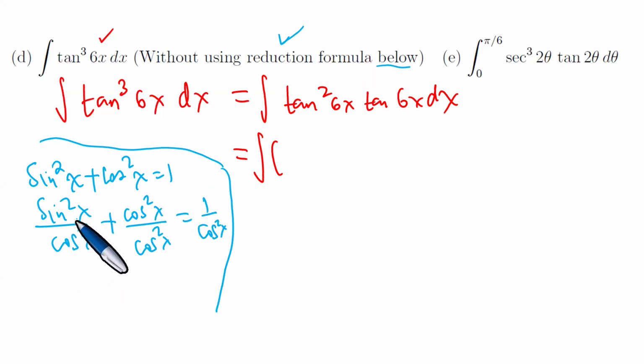Okay, right, so when you have sine squared over cosine squared, it is the tangent squared. The cosine squared over the cosine squared is 1, which equals the secant squared.